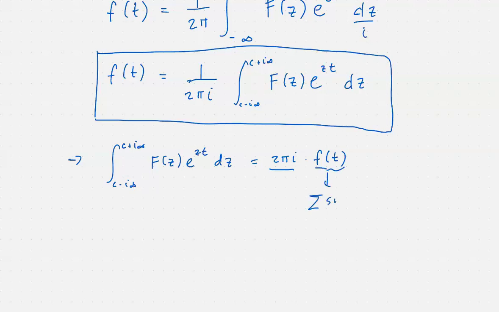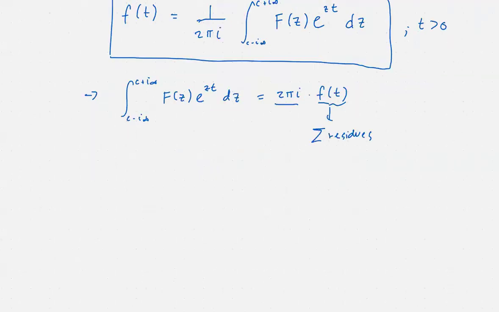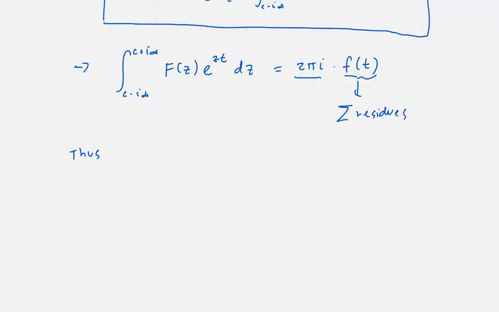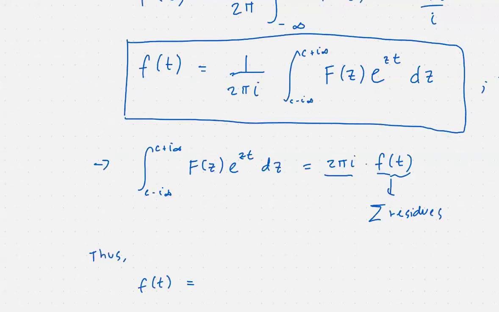Now, of course, this is for t greater than 0. Since this is related to residues, our inverse Laplace transform f of t is just... of course, we only need f of t, so we don't need to multiply it by 2 pi i because our 1 over 2 pi i is already included in our integration.